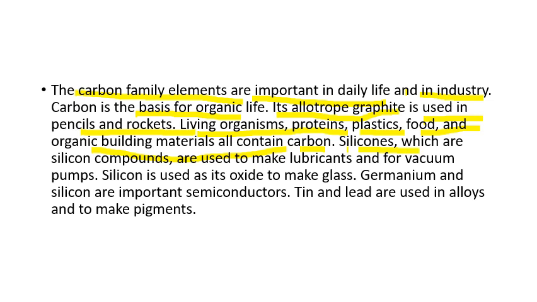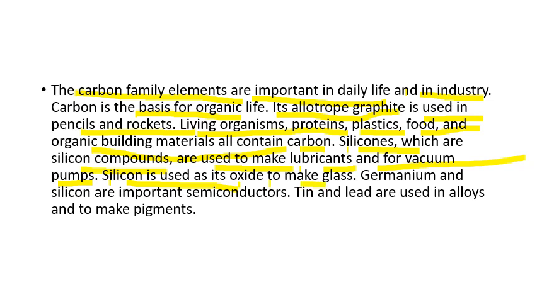Silicon, another element, has compounds with properties similar to carbon and is used to make lubricants as well as vacuum pumps. Silicon is used as its oxide to make glass.